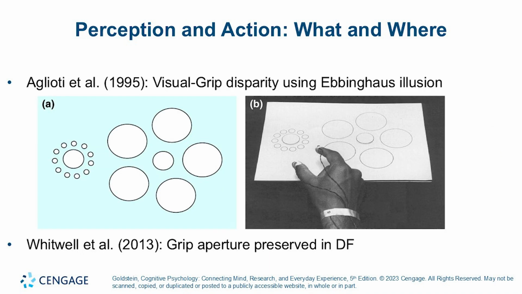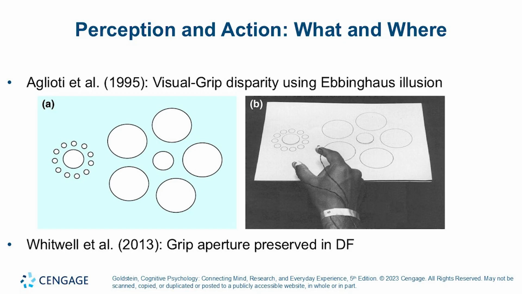Another neat illustration of this distinction between the where and what processing pathways is by using the Ebbinghaus illusion. Now, the Ebbinghaus illusion that's illustrated in picture A is the illusion that if you take two identically sized objects, so in this case, the two circles in the center of each group of other circles, the one that's surrounded by smaller objects than itself, so the one on the left, will appear to be larger than the one on the right that's surrounded by objects that are bigger than it.